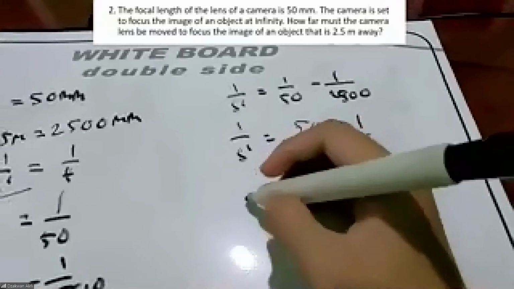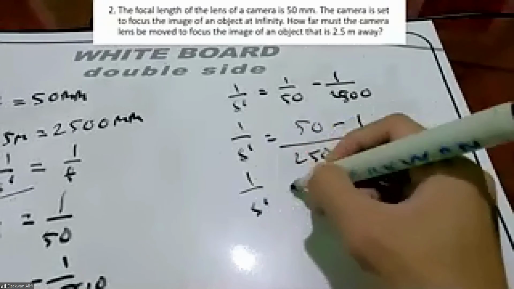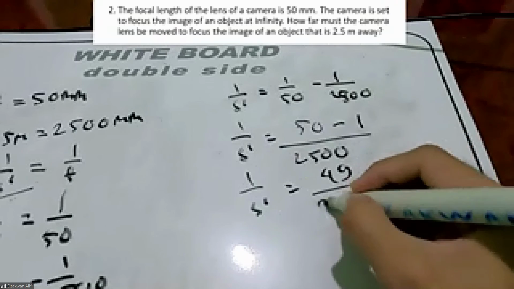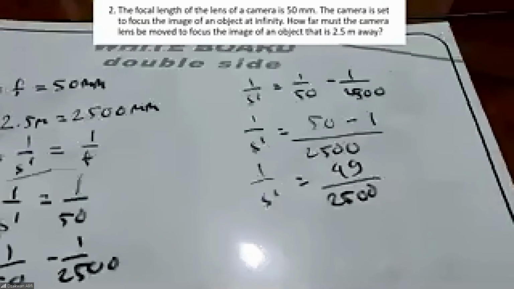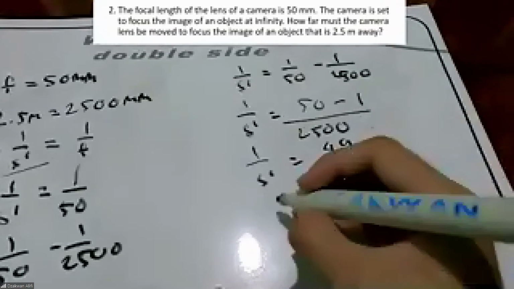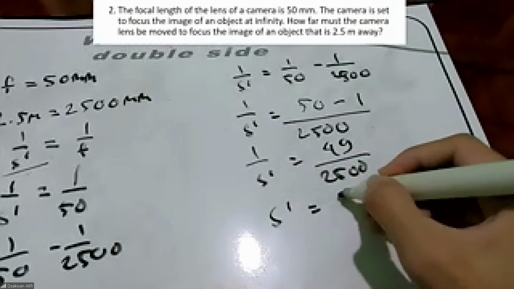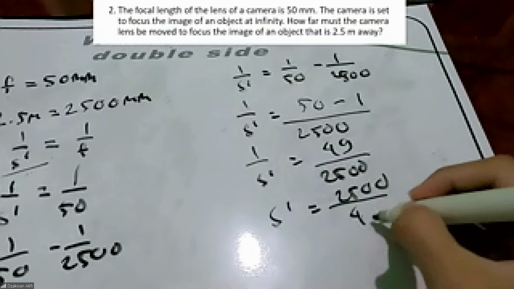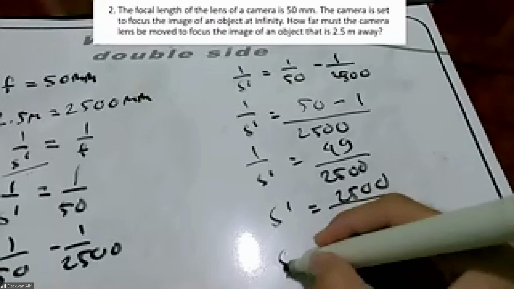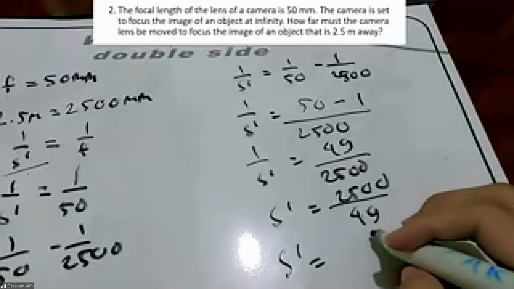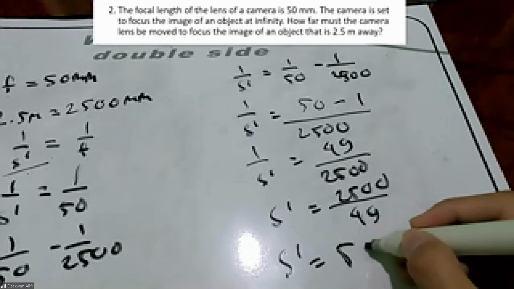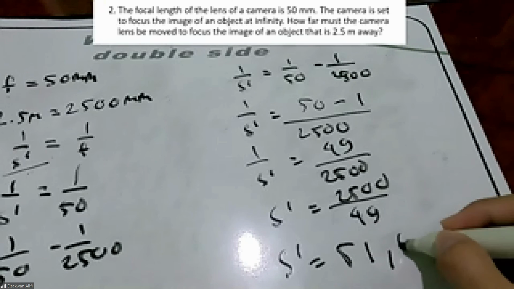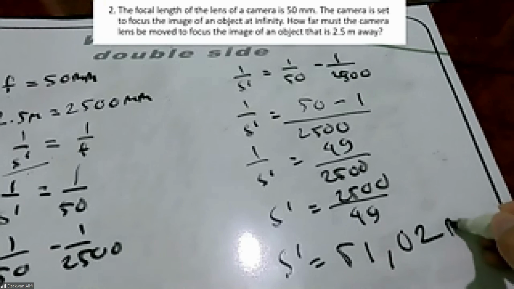Next, we have known this is 49 per 2500. So the s accent is 2500 per 49. So the s accent is 51.02 millimeter.